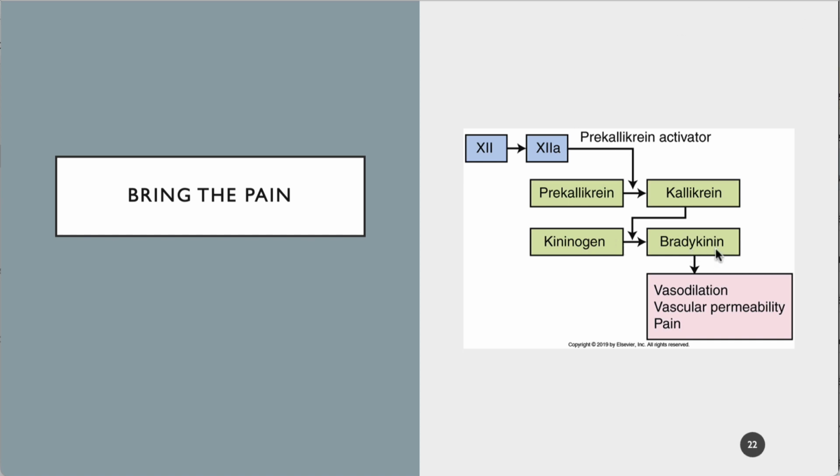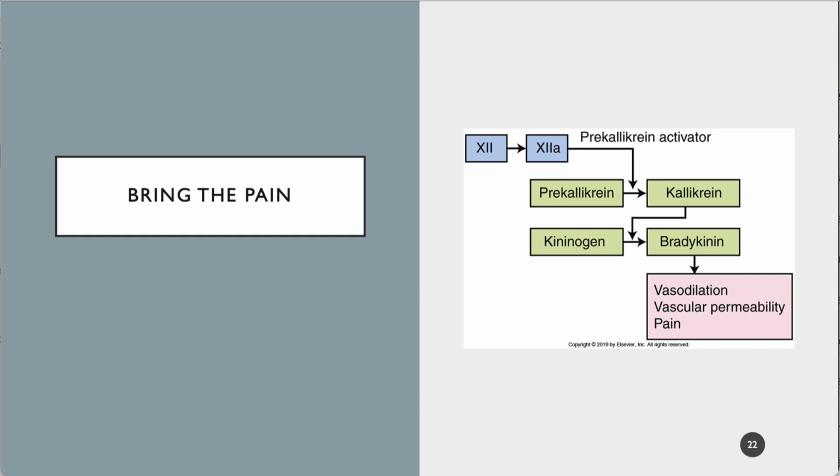So you're going to learn about bradykinin when you talk about ACE inhibitors, because one of the annoying side effects that we have with ACE inhibitors is that sometimes they have such an effect on bradykinin, which is highly concentrated in the lungs, that you get a cough that never goes away.